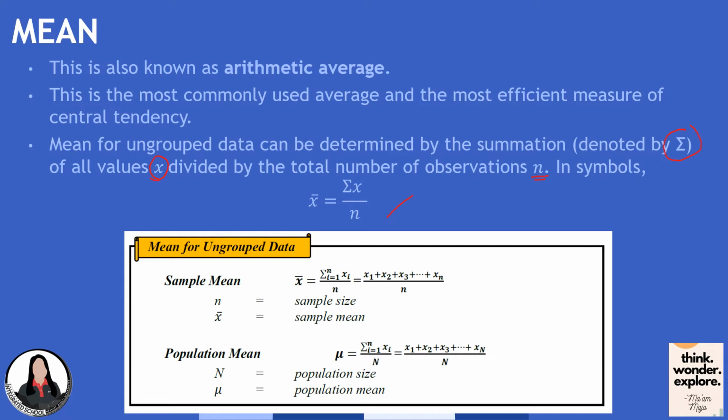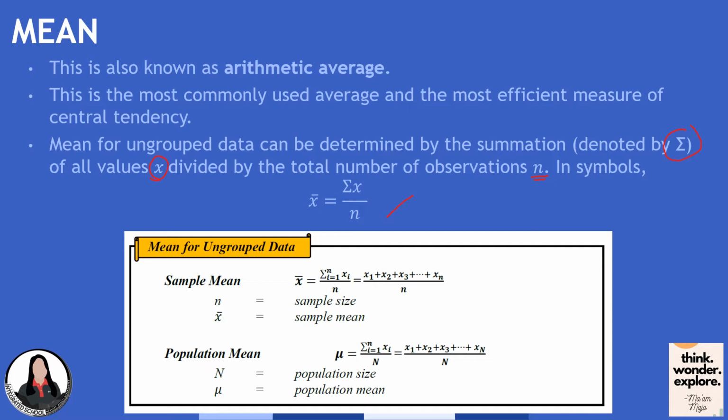However, I have incorporated here a copy of a picture from your module kung saan pinaghiwalay ko ang formula for the sample mean and the population mean. Kung mapapansin nyo, halos parehas lang din naman yung operations na meron sa kanila. It's just that they vary sa kanilang mga variables na ginamit.